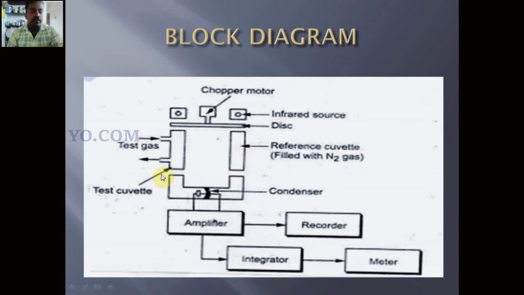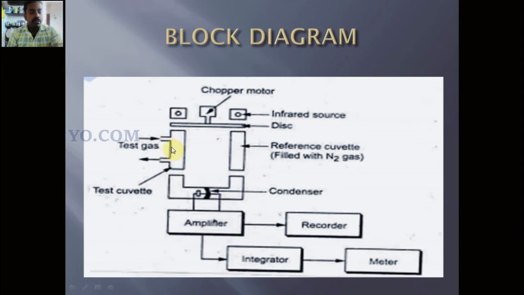Then the next one is a condenser. This condenser absorbs the infrared rays coming from the infrared source through this block. This block is filled with gas. This is the reference gas, filled with nitrogen gas, and here we have the CO2 gas.